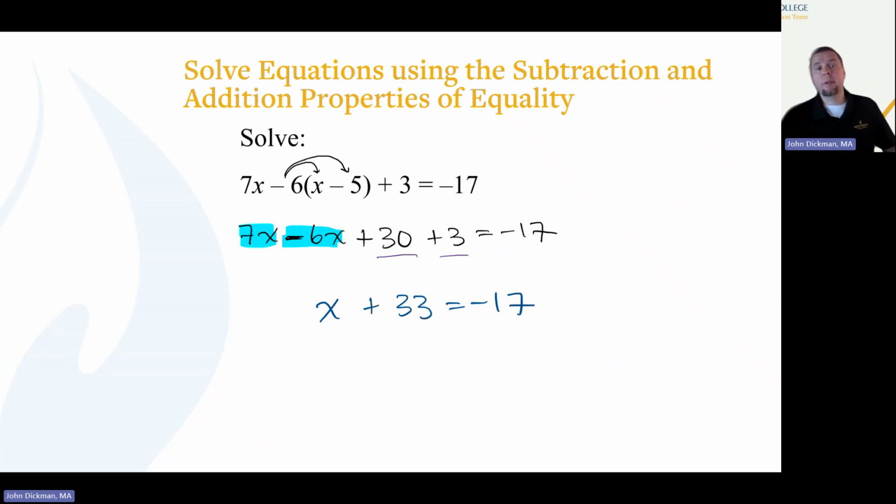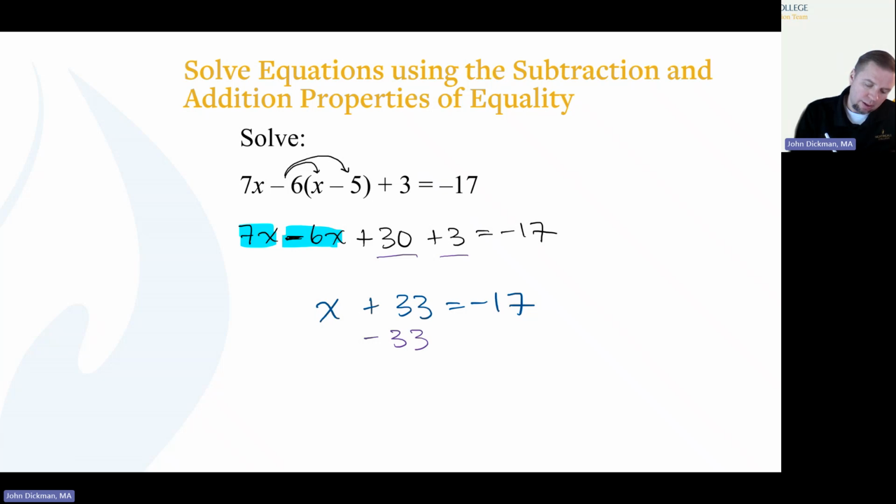And look at that. In the span of a couple of steps, we've gone from something that looks scary and difficult and unintuitive to something that looks exactly like the problems we were just doing on the previous slide. X has 33 being added to it. We want to get rid of the 33, so we're going to subtract 33 to undo adding 33.